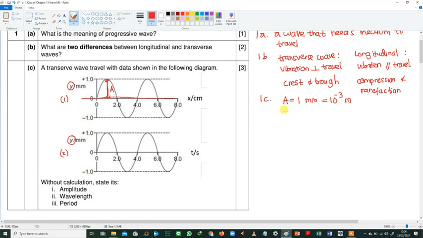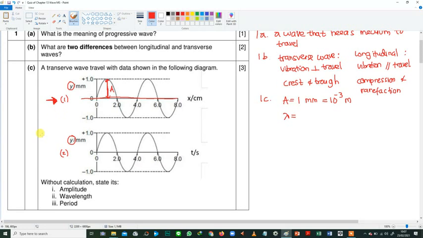And then what about the next one? It's about the wavelength. For the wavelength, you have to take the x-axis, and the x-axis must be the distance. Since this is a transverse wave, one wave will be one crest, one trough. Since we talk about the wavelength, we have to take the first diagram. Do you know why?